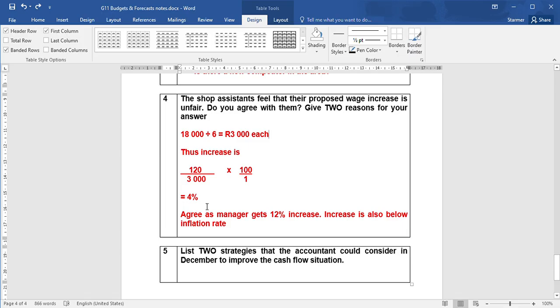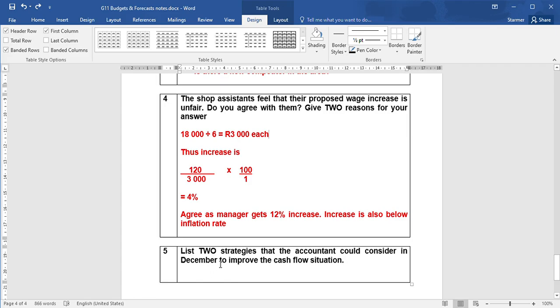Remember, the manager got a 12% increase, so of course they're not going to be happy. And added to this, this 4% is actually below the inflation rate. In other words, the cost of living is increasing by more than their salaries are going to increase. So that is why they're dissatisfied.